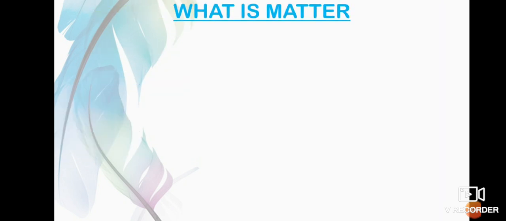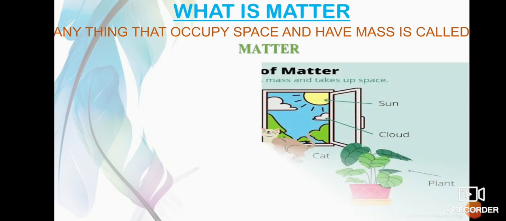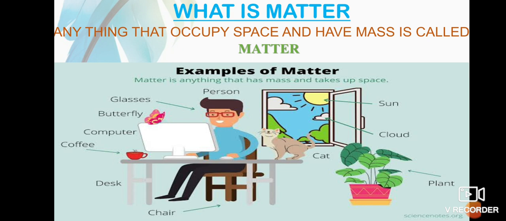Okay. Then, now what is matter? Anything that occupies space and has mass is called matter. Okay, see, around us there are so many objects which occupy space and have mass.